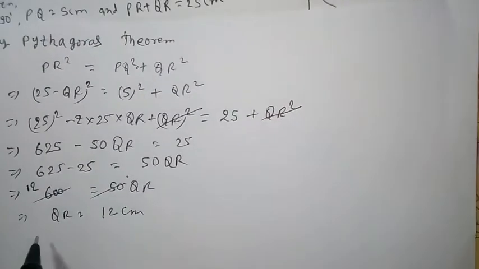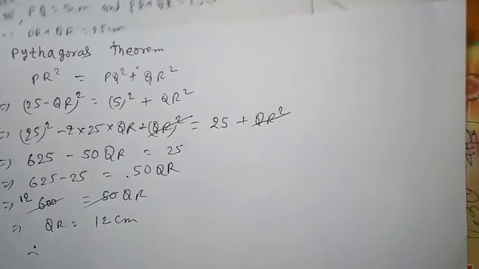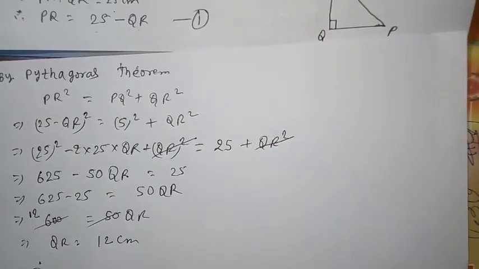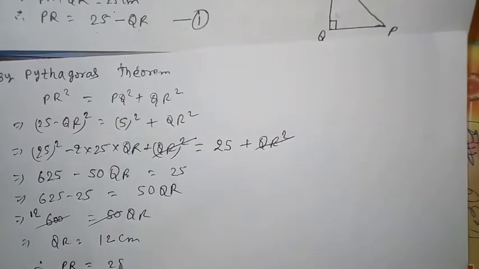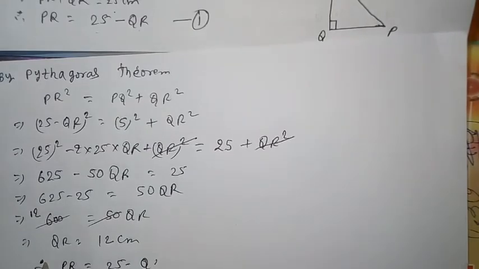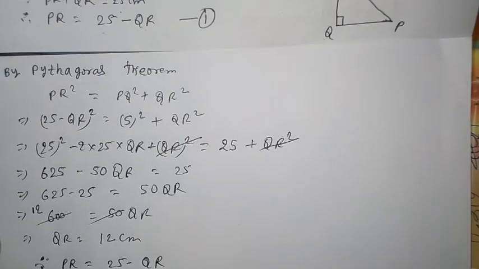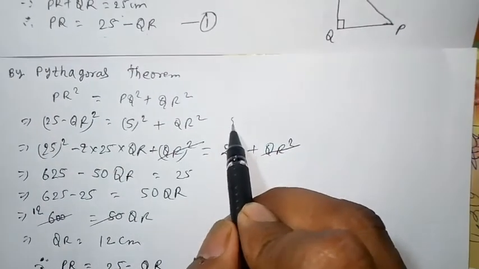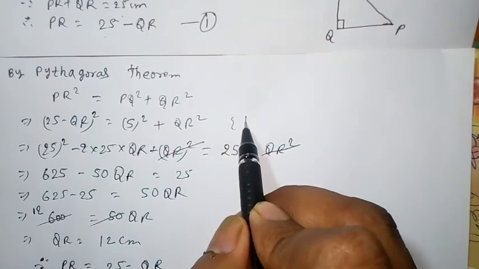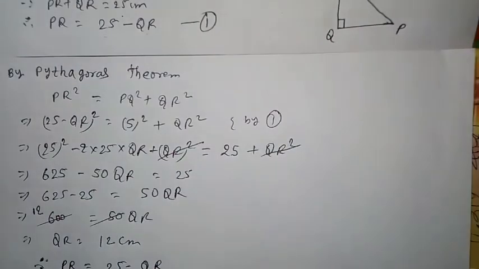Okay, so therefore PR is equal to 25 minus QR. Here I also write by equation 1.